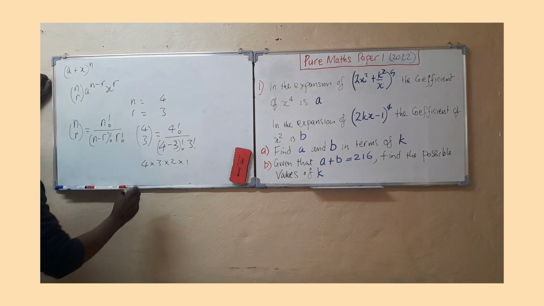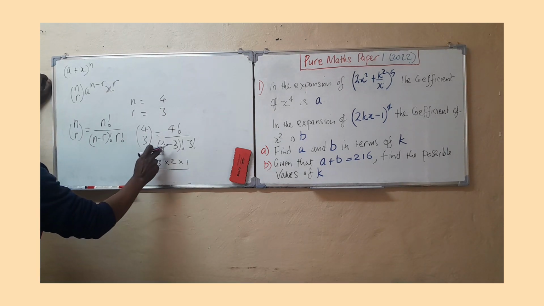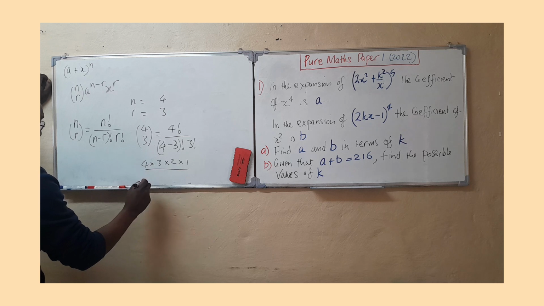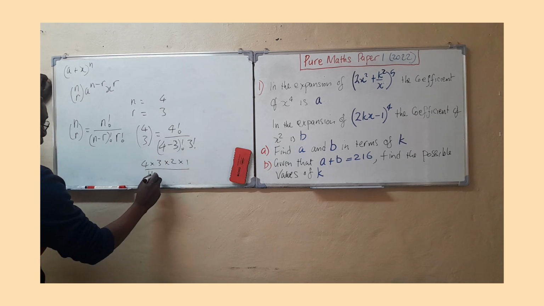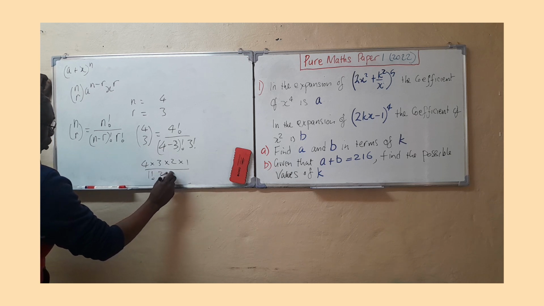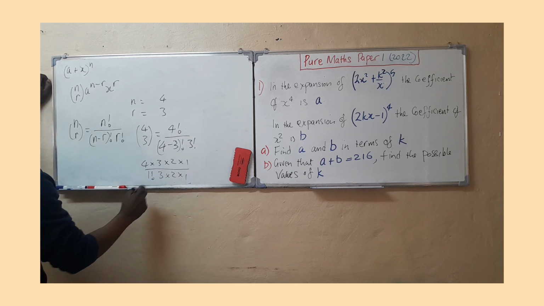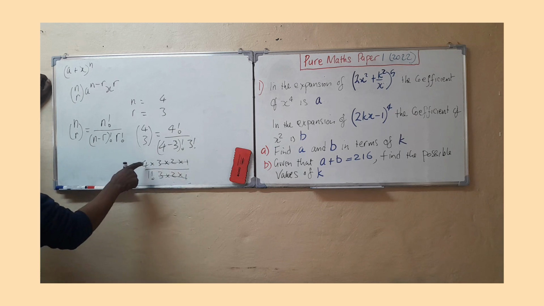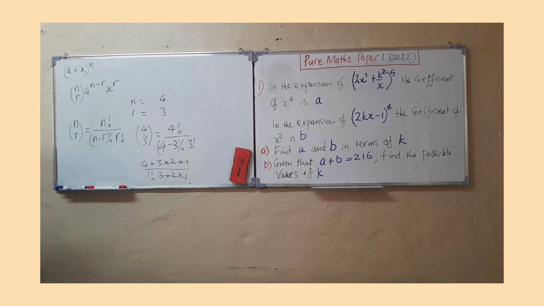That's our 4 factorial divided by 4 minus 3 is 1. 1 factorial is just 1. So we have 1 factorial here, and of course there our 3 times 2 times 1, which is our 3 factorial. This of course cancels with that, and we are left with 4 divided by 1, which is equal to 4. So 4 choose 3 is equal to 4. Okay, that's the notation there.